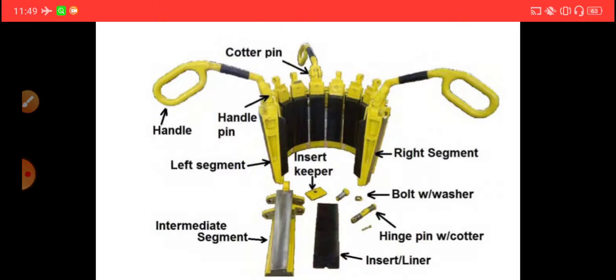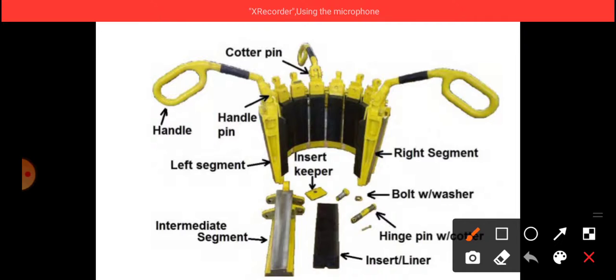And you see here the difference is that more segments are available. How many segments are available here? We can calculate approximately 1 2 3 4 5 6 7 8 like that. Those are the segments.